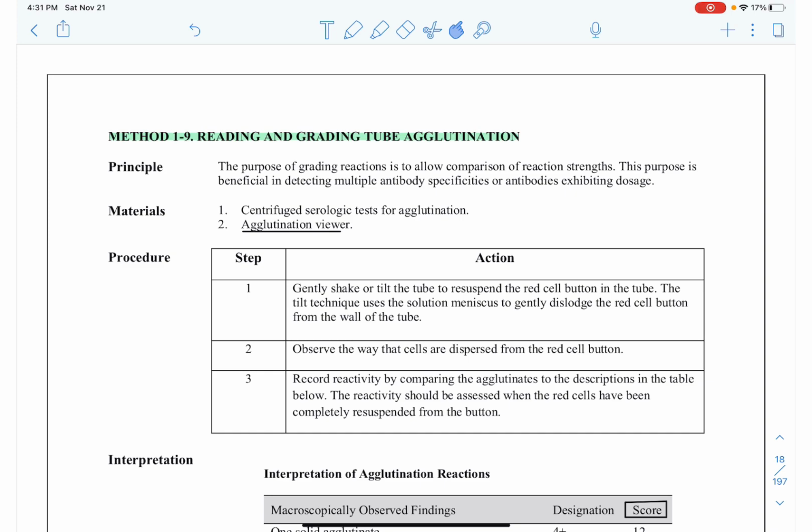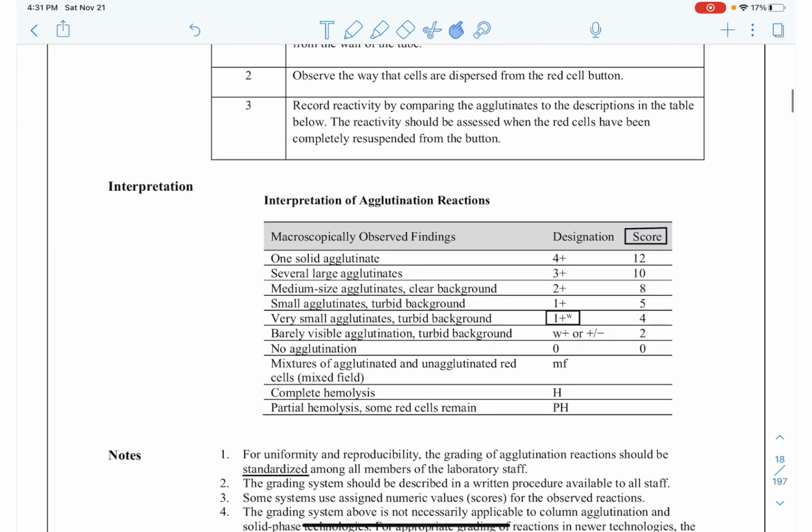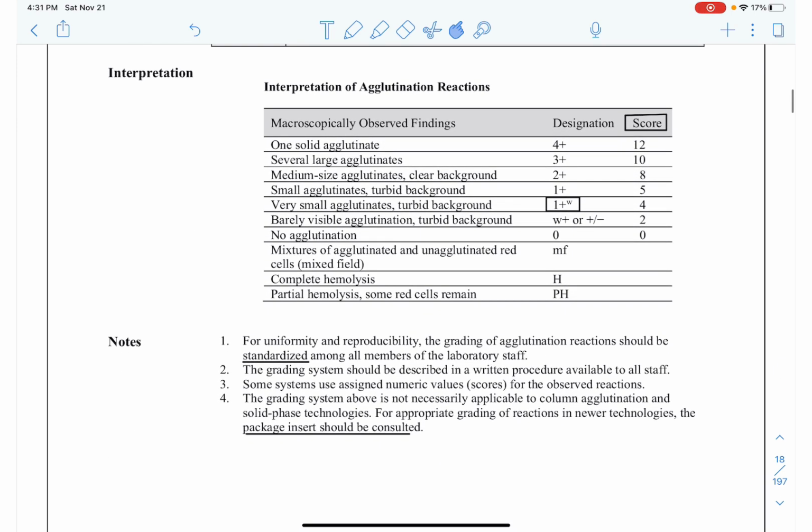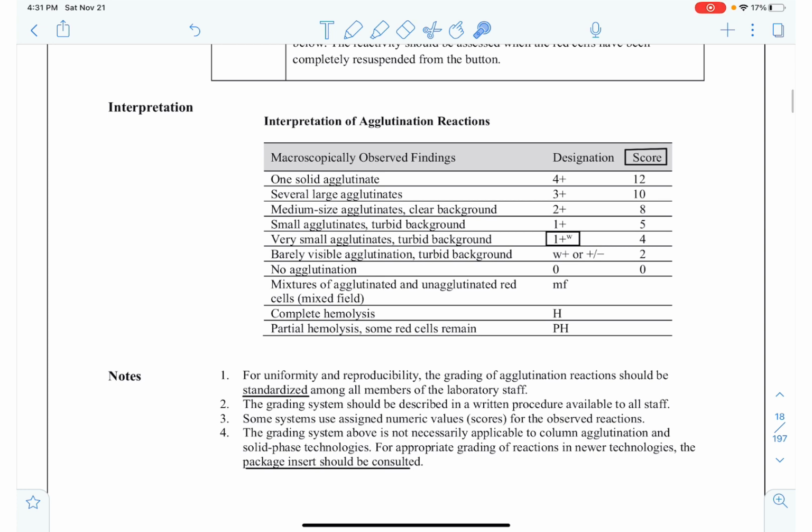The note area reiterates that grading should be standardized across the lab to eliminate subjectivity during testing. To do this, you'll want to standardize interpretations. You'll always want for the technologist to view the interpretation table in each of your blood banks.